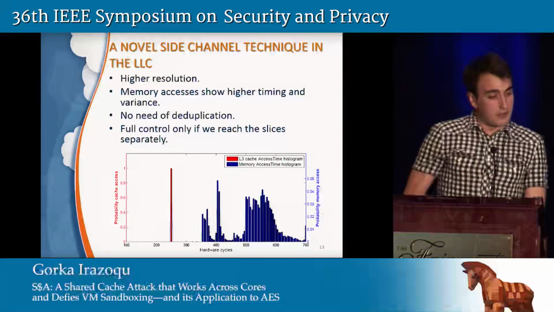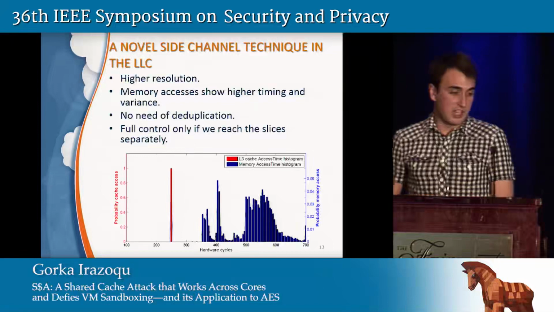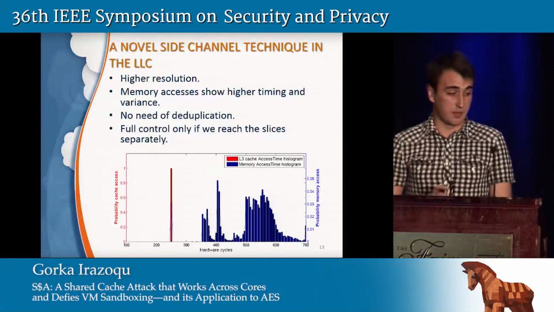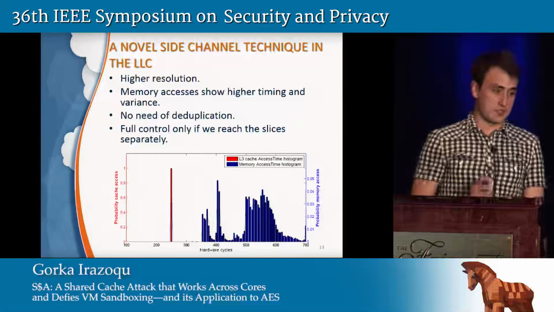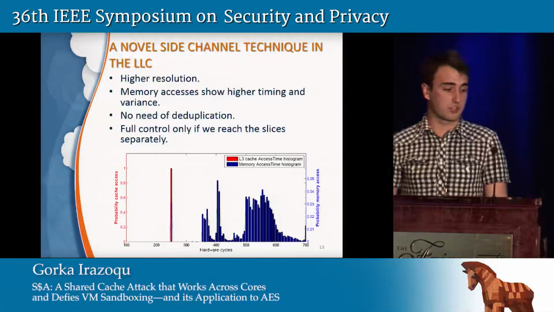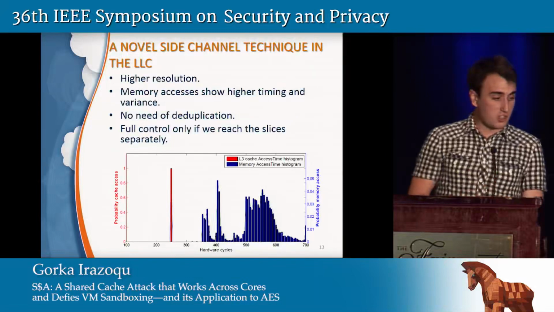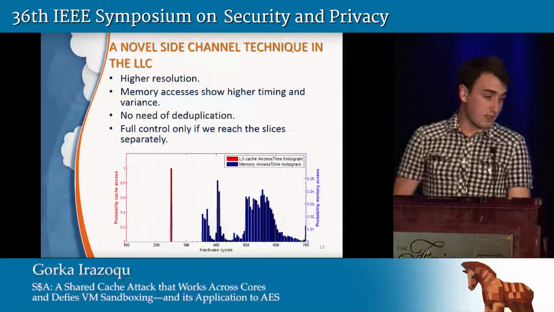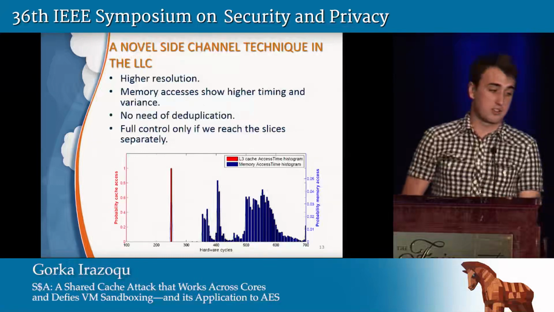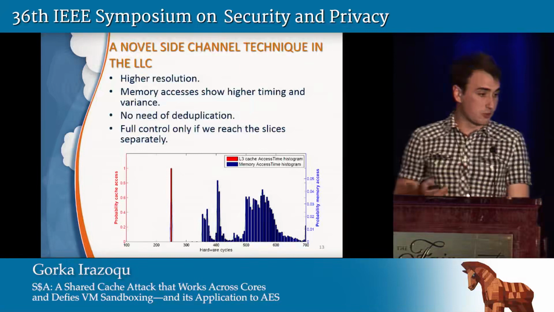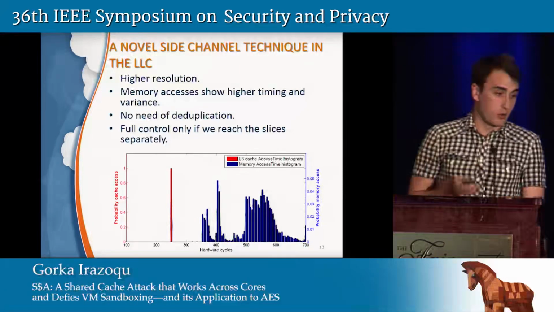We can see that not only the reload time is much lower when we reload all of them from the cache, but also the variance. The variance is an important observation that we make here because it's much lower as well. So basically, we can see that if we put a threshold around 300 cycles, we can clearly distinguish both cases. Again, this is true if we can control the slices we're monitoring separately.